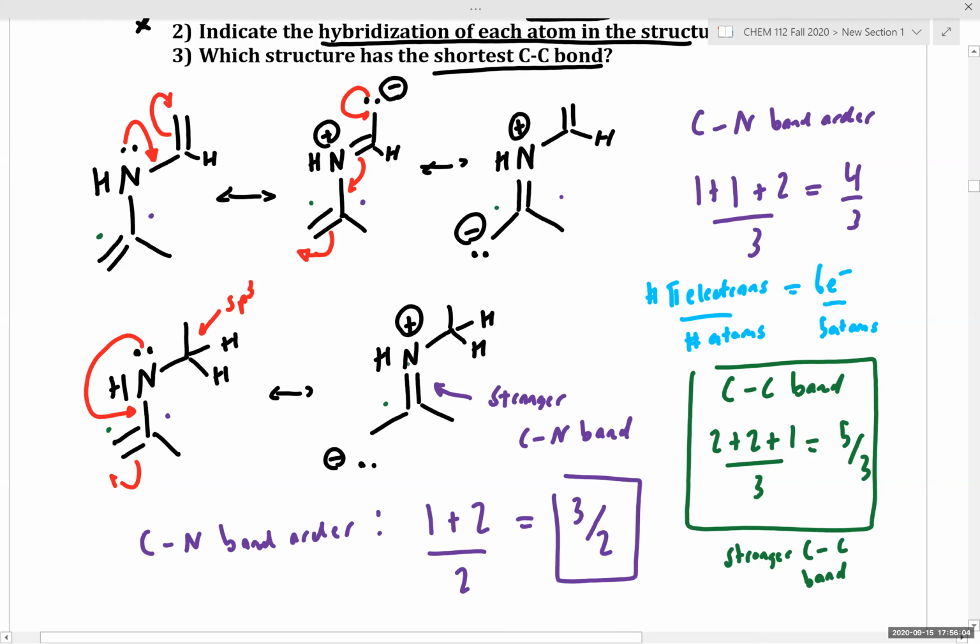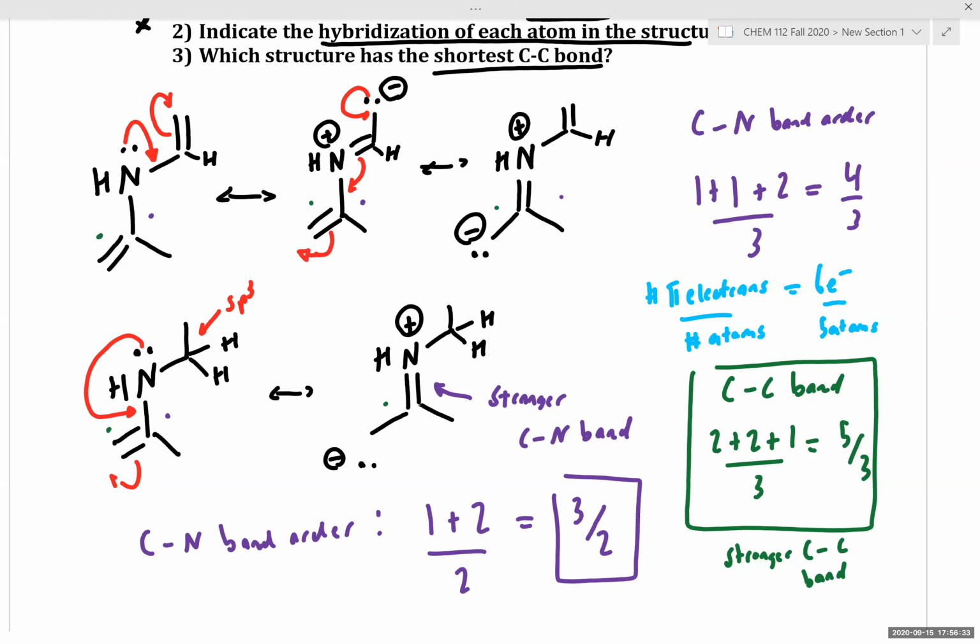So we have a stronger carbon-nitrogen bond in our bottom structure at the expense of our carbon-carbon bond strength. Does that make sense to everyone? We only have so much electron density to go around. So that in turn affects the relative strength of each of our bonds that have electron density delocalized via resonance.